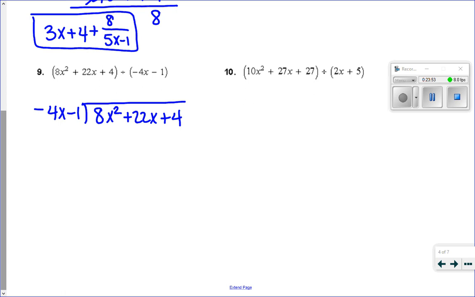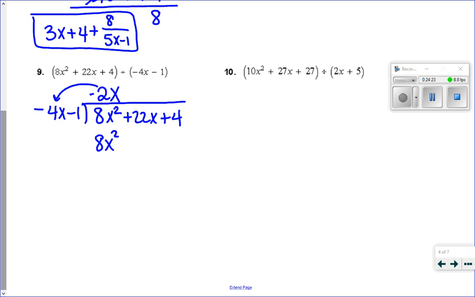Okay. So the question is negative 4x. What would I need to multiply negative 4x by to get an 8x squared? The answer is a negative 2 and an x, so it's a negative 2x. Okay? I know if I multiply those, it'll give me that exact 8x squared. And then when I now come back around, we'll make sure we distribute that. So negative 2x and negative 4x is indeed a positive 8x squared.